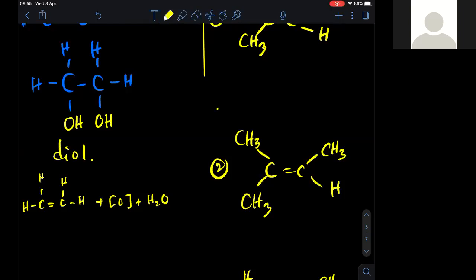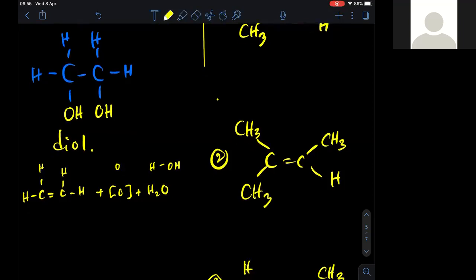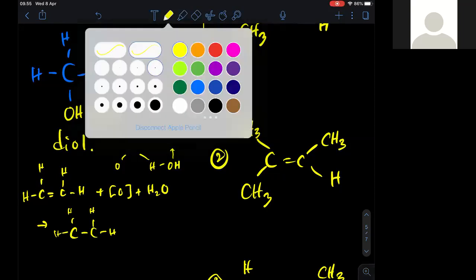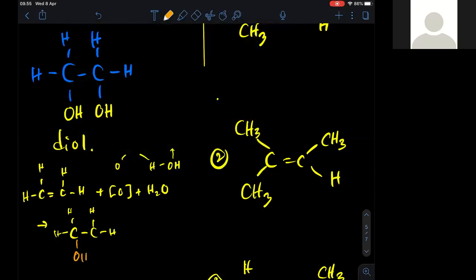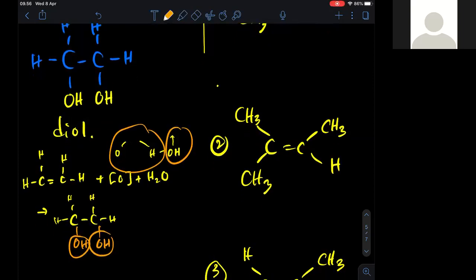So you have H, OH here, and then you have O over here. These two will give you one OH, and this one will give you one OH. So you are going to get this molecule. Is that clear? That is when you are writing the equation.